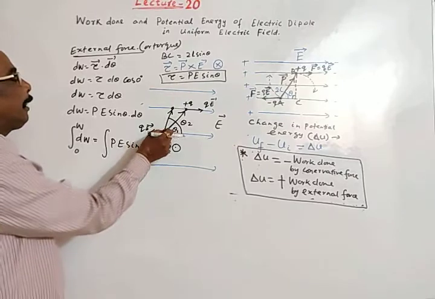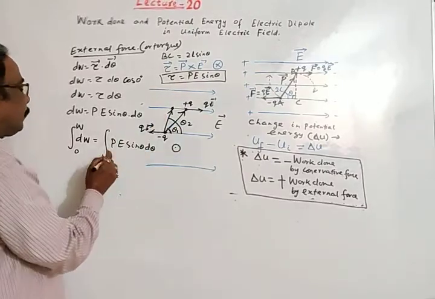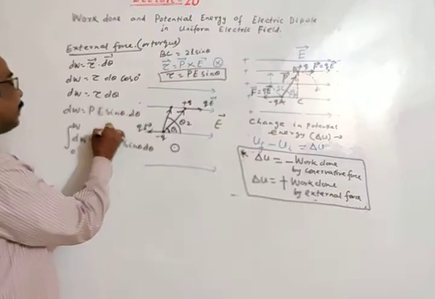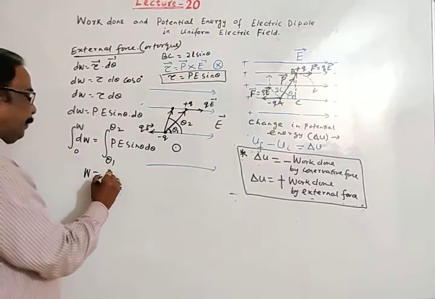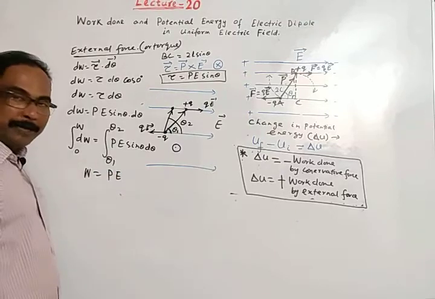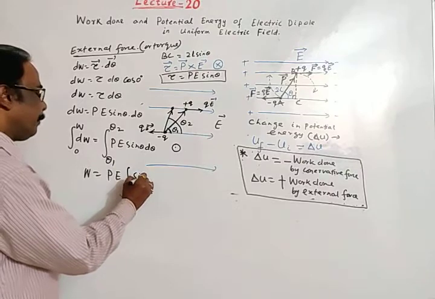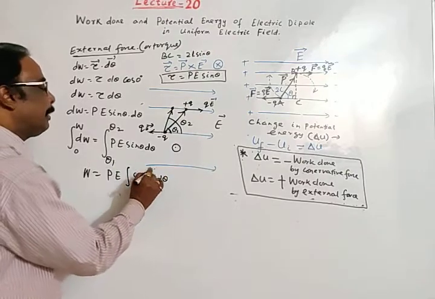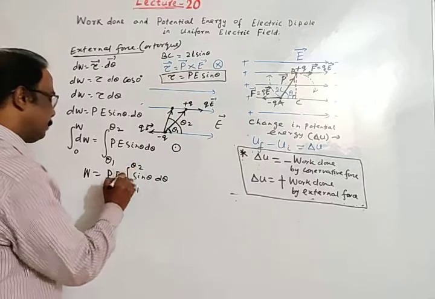We have rotated the dipole from angle theta 1 to theta 2, so the limits are from theta 1 to theta 2. Integration of dW is W; p and E are constants, so bring them outside. Then integration of sin theta d theta, with limits from theta 1 to theta 2.